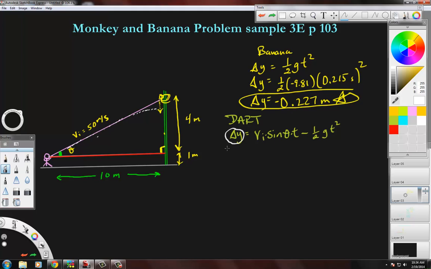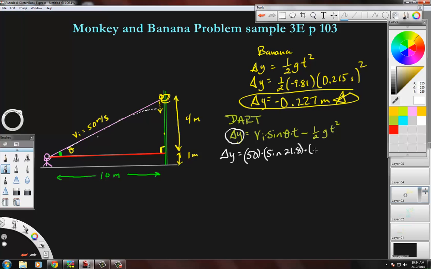So if we start plugging stuff in here, delta y equals vi, which is 50, that's the dart velocity, times the sine of theta. Now remember, the sine is the opposite side, and you can explore that on your own, but that's why they use that trig function, because it's the opposite side. So it's 50 times the sine of 21.88 times the time interval. Put these in parentheses.